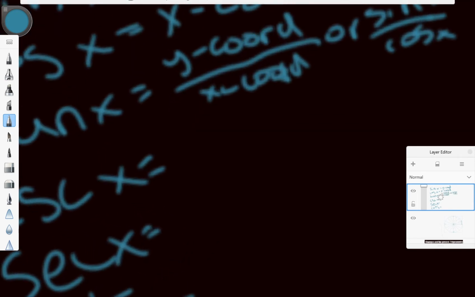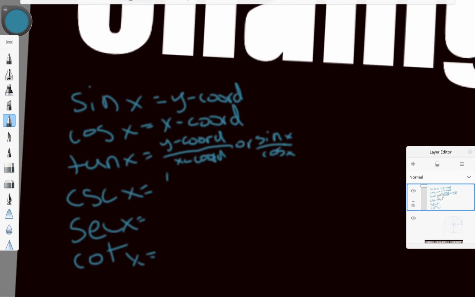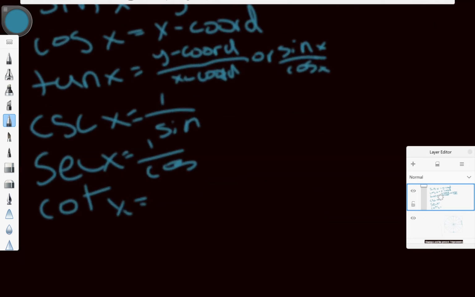Cosecant is 1 over sine. Secant is 1 over cosine. And then cotangent, you guessed it, 1 over tangent.